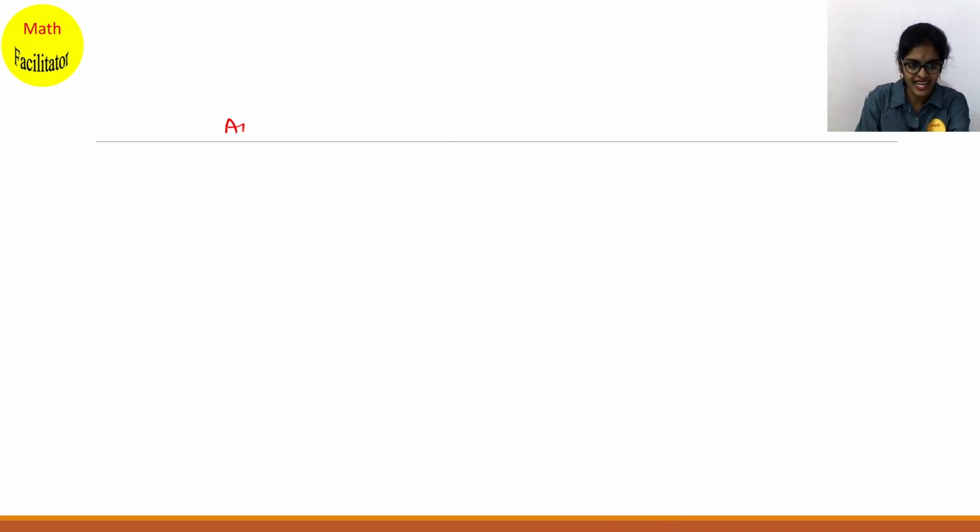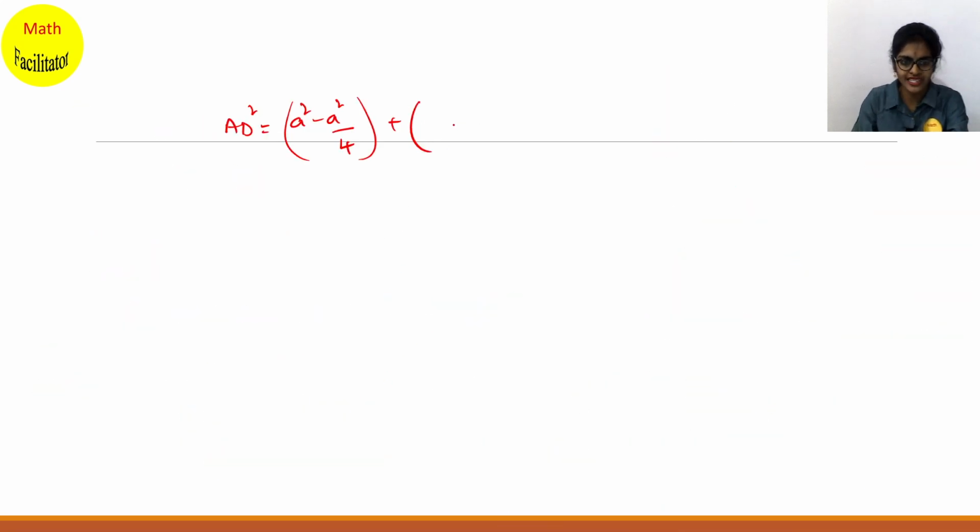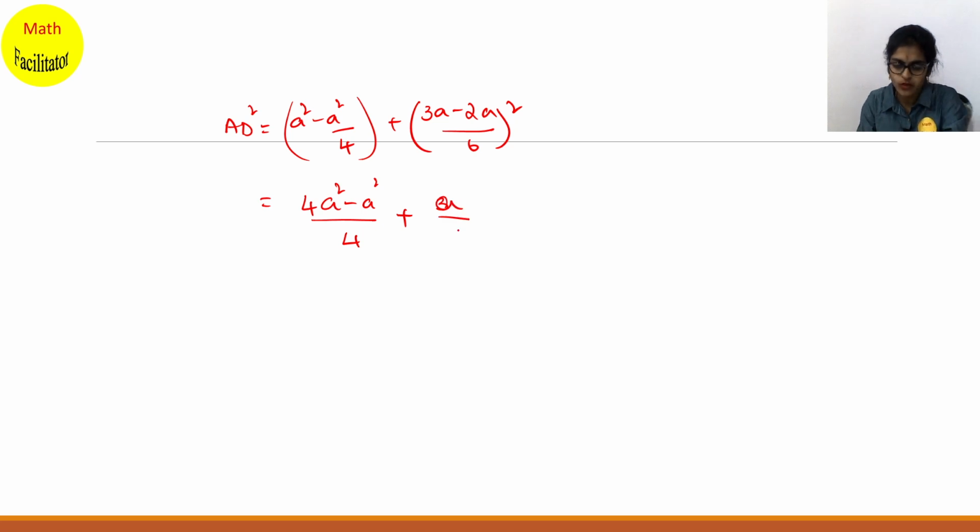So you are getting AD square is equal to, see here, A square minus A square by 2 whole square, 2 square is 4. Plus, let's take LCM here. So you will get 3A minus 2A upon 6 whole square. So that is equal to, let's take LCM, 4A square minus A square by 4 plus, 3A minus 2A is 1A divided by 6 whole square.